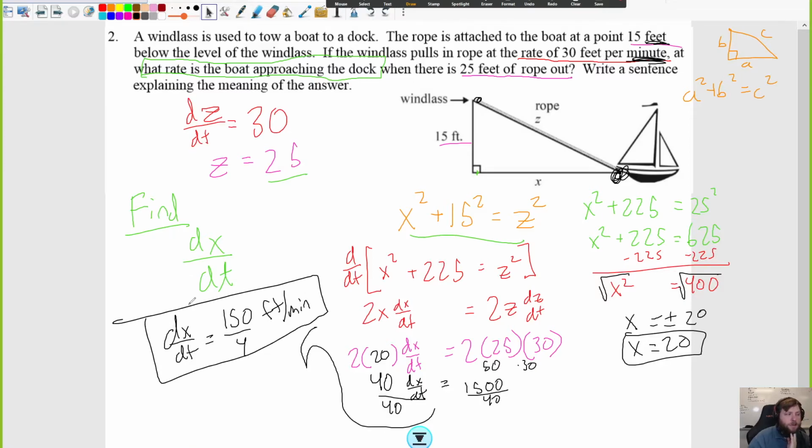A sentence explaining this: I would say the boat is getting closer to the shore at a rate of 150 over 4 feet per minute. Something like that. And you're good.